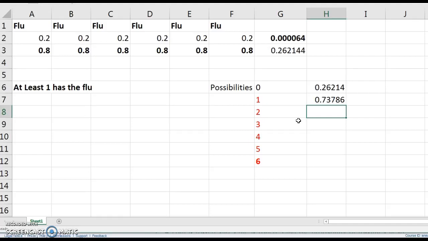So we talked about that with probabilities. If the probability of 0 is this, the probability of its complement, which is at least one person having the flu, must add up to 1 when you put those two together. So 1 minus the probability of 0 is the probability of the complement, which is at least one person having the flu.